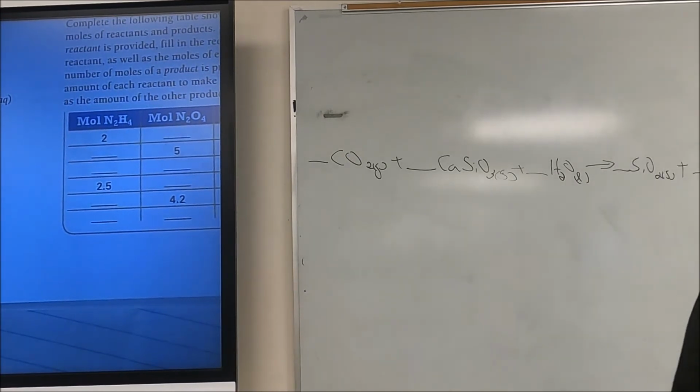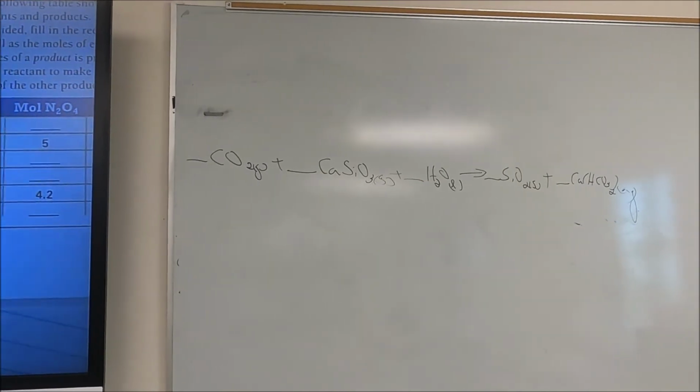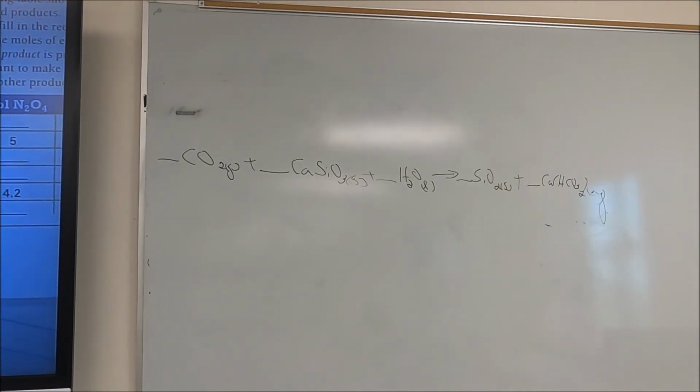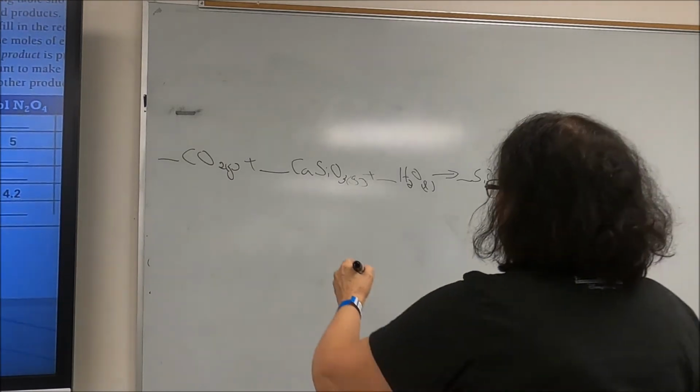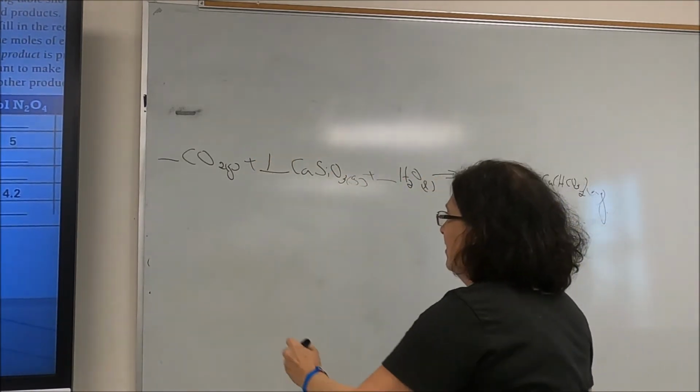Okay? Now, notice that oxygen's everywhere. I'm going to worry about balancing everything else, and then oxygen should be taken care of. So we could start with our calcium, we could start with our carbon, we could start with silicon, but the last thing we're going to deal with is oxygen. I'm going to start with calcium. If I put a 1 here and a 1 here, I've balanced out my calcium.